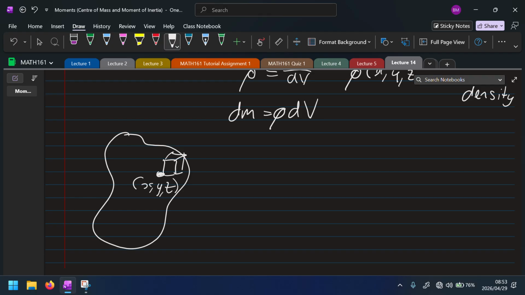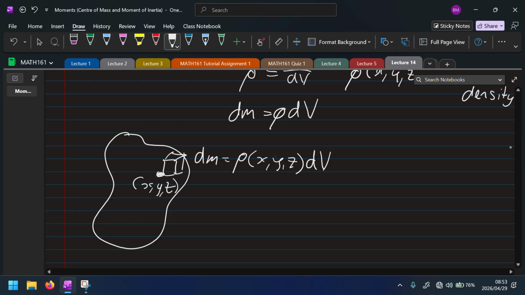That little cube has a volume, right, dv. So the mass of that little cube there, dm, is going to be rho xyz. You know, at that point, xyz, it's got some density rho times the volume of that little cube. Right, it's just a little cube. We can work out the volume, dv.